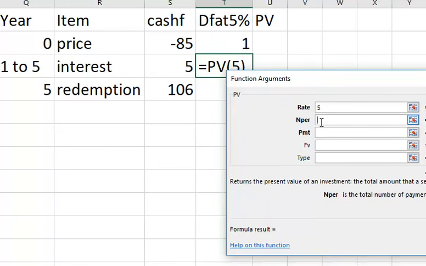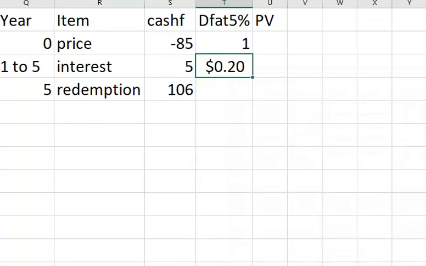Period, 5 years. PMT, you put -1. I'll explain what it means. So we are trying to avoid the answer from being a negative based on the formula. Then FV, you put a 0. Okay. No, something is wrong.